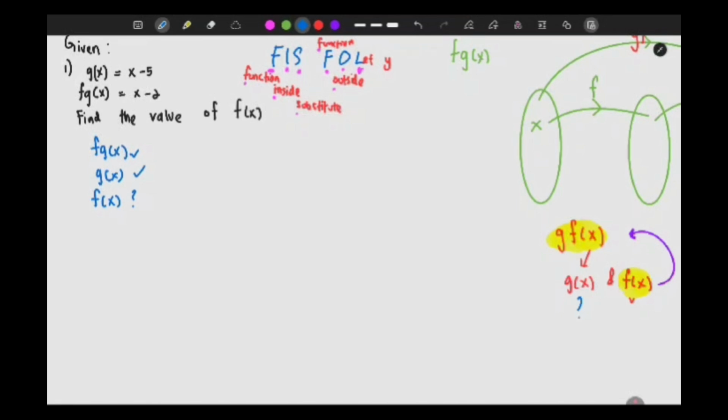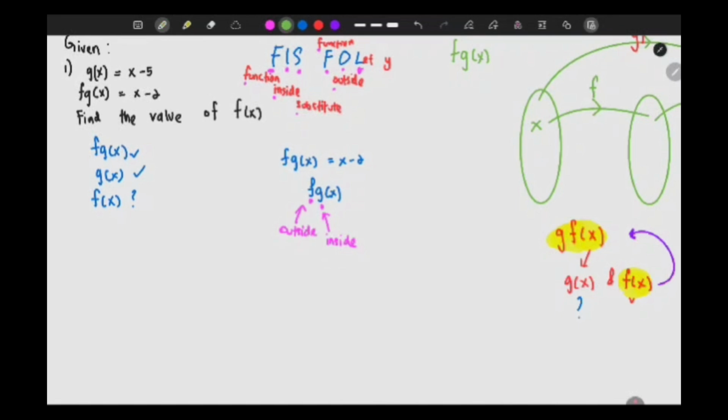But what is inside and outside? What do I mean by that? Here you go. For example, let's say I use this example, fgx equals x minus 2. In this fgx, there are two functions, the function f and the function g. If you realize, the f here is outside, isn't it? And the g here is inside. That's what I mean.